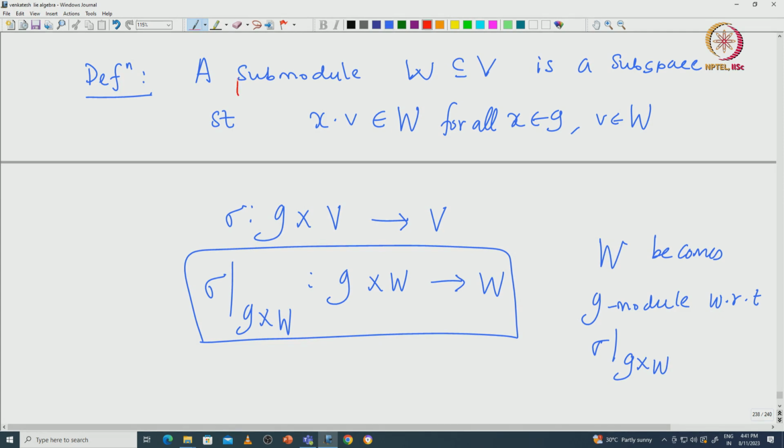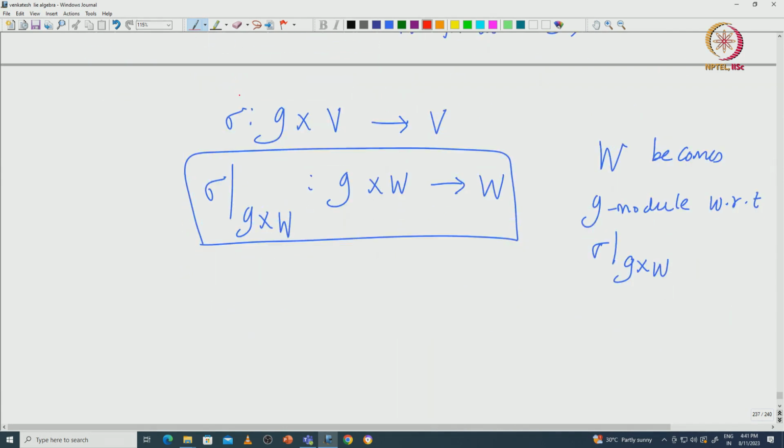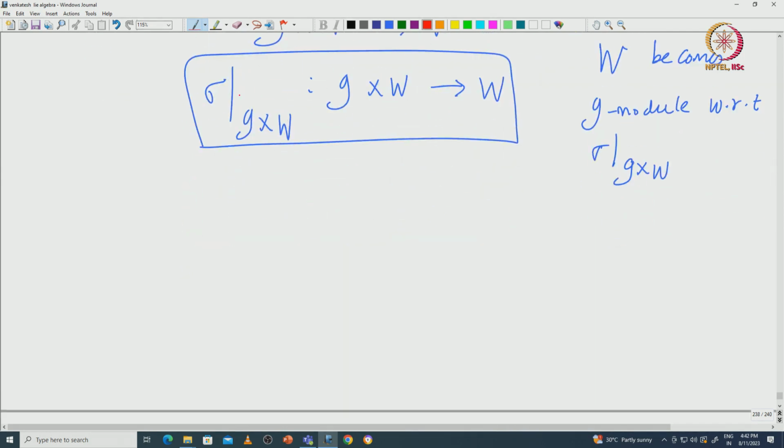So, that is naturally defined. Okay. So, here is another definition, what is called an irreducible module.